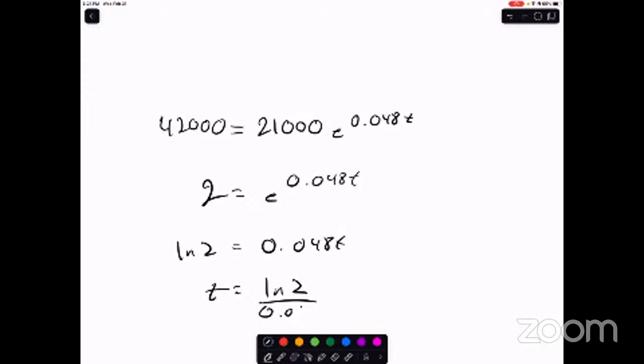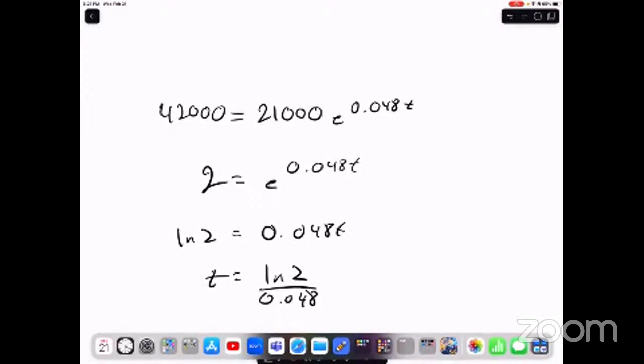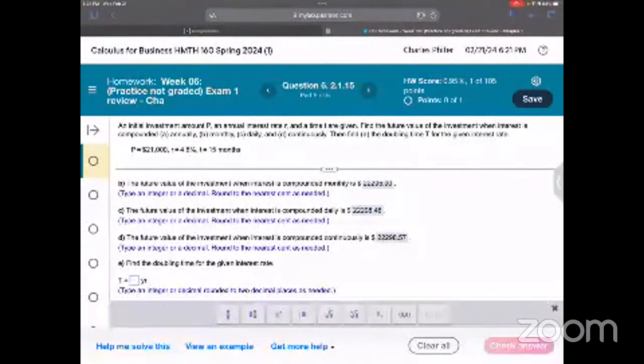Let's see if that works. It says round to 2 decimal places, so 14.44 years. Let's close this out.